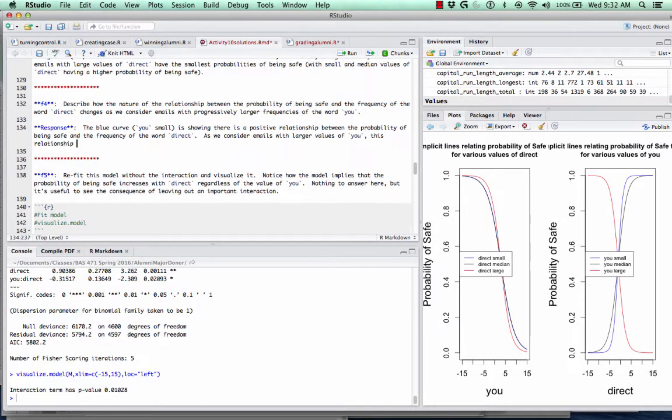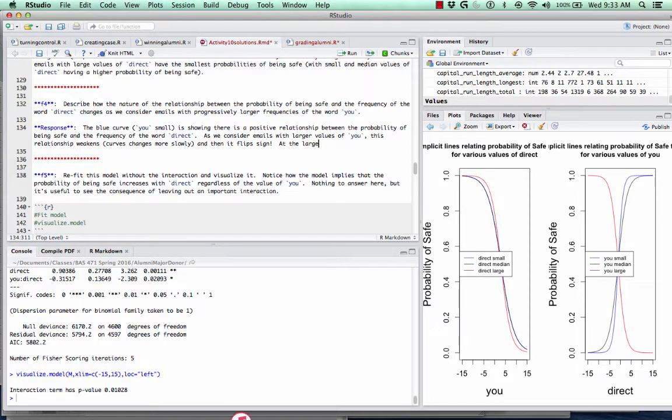This relationship weakens. Notice that the black curve here for median values doesn't change quite as rapidly with the frequency of the word direct, so the association is getting a little bit weaker. And then it flips sign. So we notice that for the very largest values of u, the logistic curve actually has a negative relationship between the probability of being safe and direct.